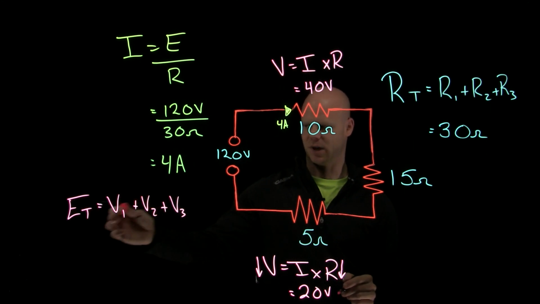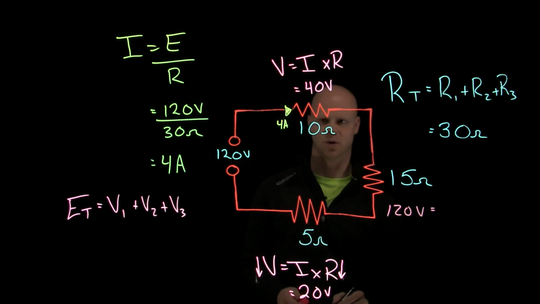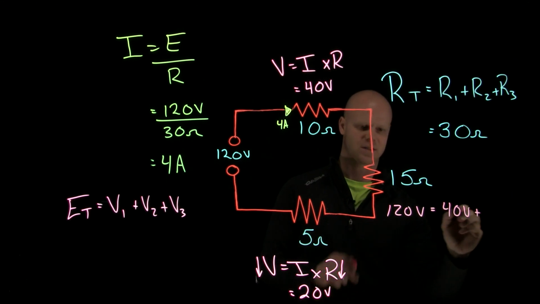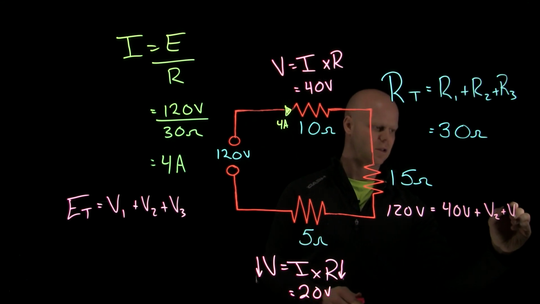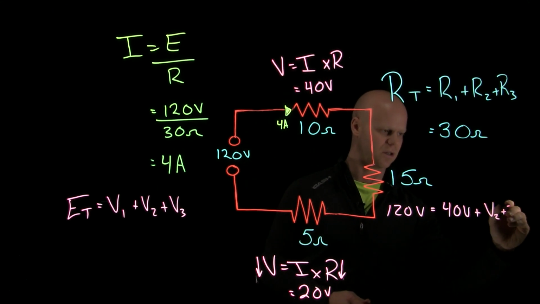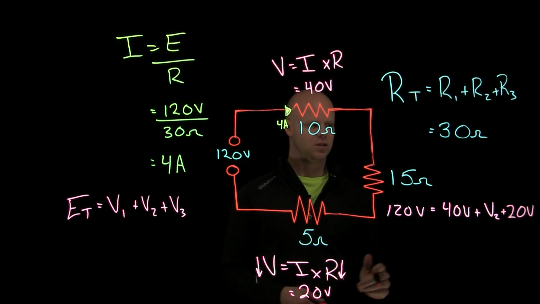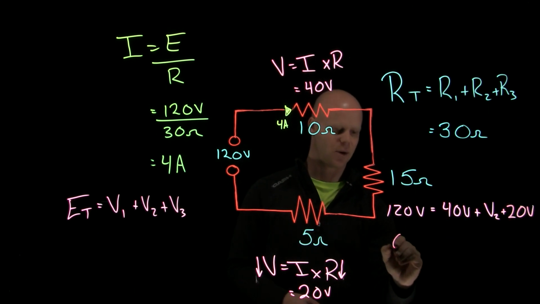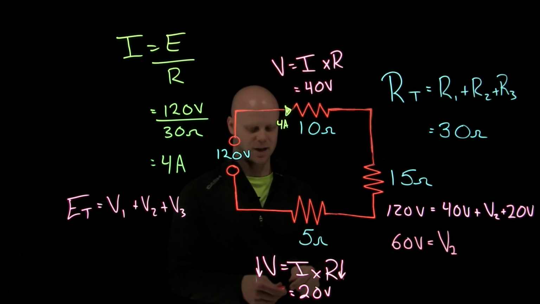So my applied EMF is 120 volts, which is going to equal, let's call this V1, so 40 volts, plus an unknown value here, let's leave that as V2, plus 20 volts, because we know that value based on the relationship that we already looked at. So all I'm missing is what is that value? So I can transpose this and I would do 120 minus 40 minus 20, and I would have 60 volts is equal to the voltage drop across that component.